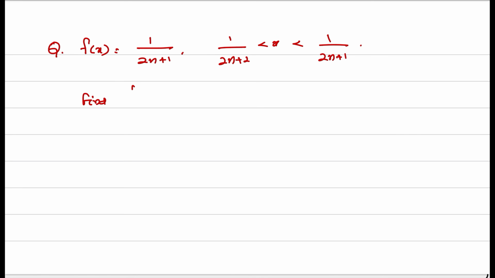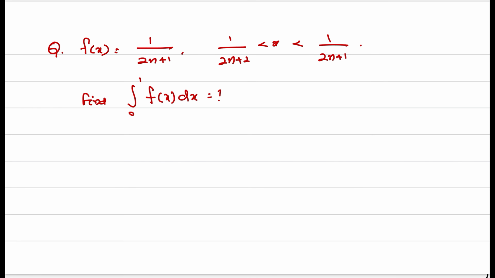Find the integral from 0 to 1 of f(x) dx. If the function is in terms of x, we can directly apply integral rules and find it. In this case, what is to be done?